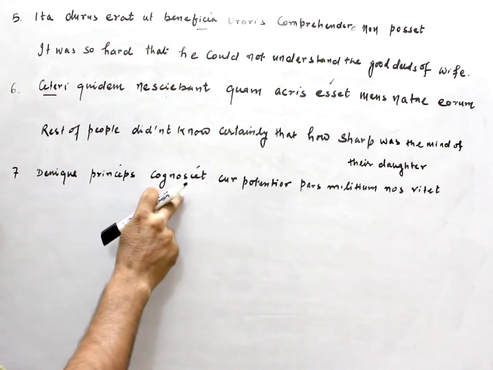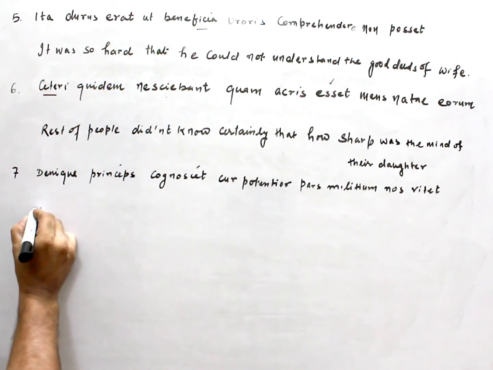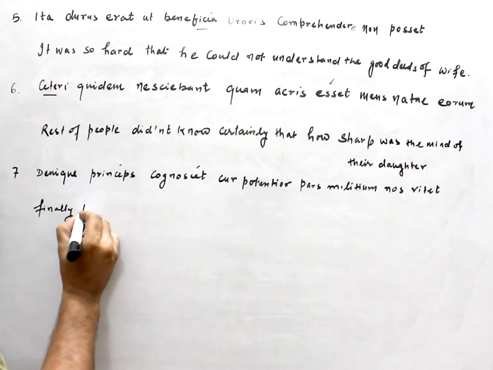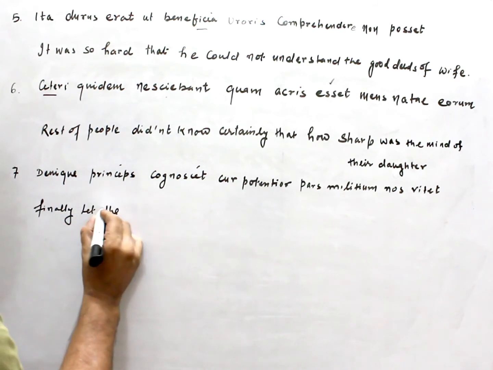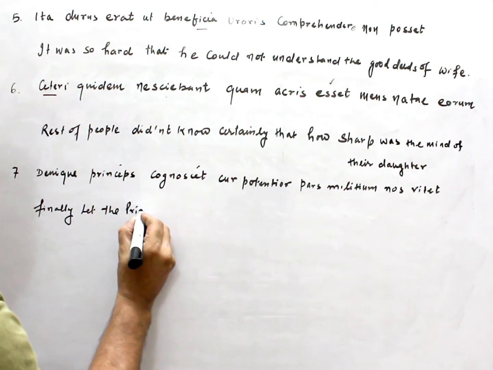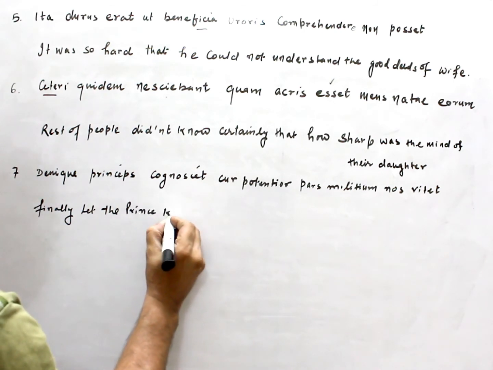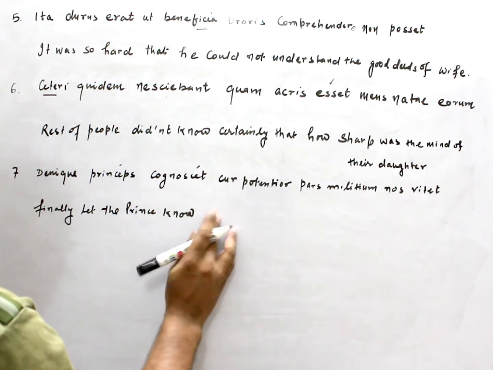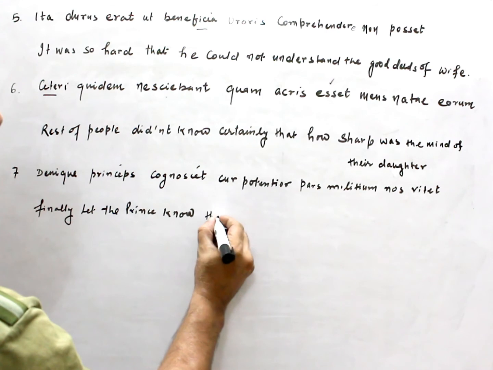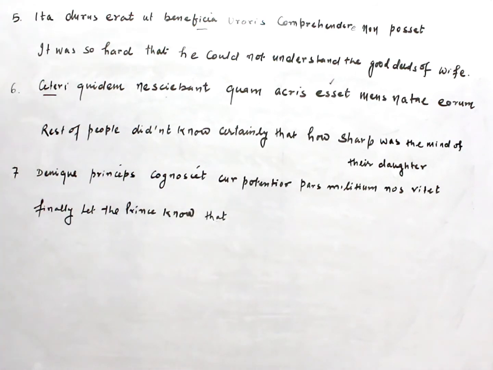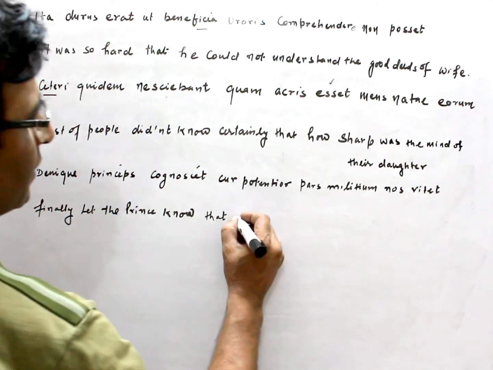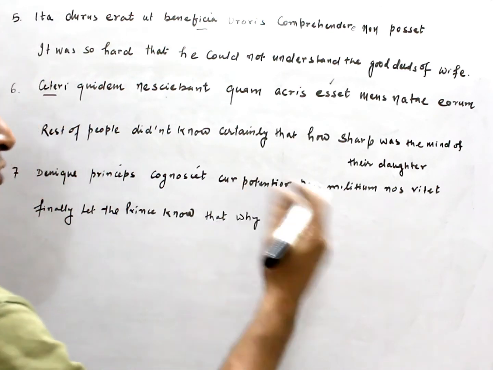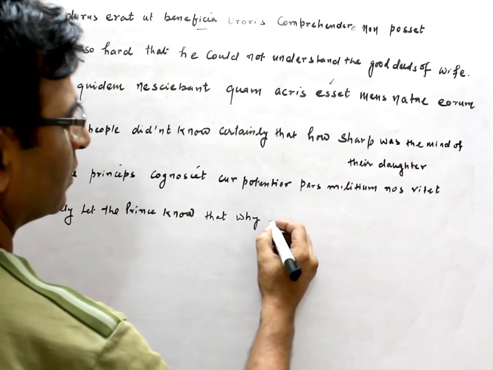Finally let the prince know. Denique is finally, let the prince know that, I can add or no need, that why potentior is the stronger part of soldiers.